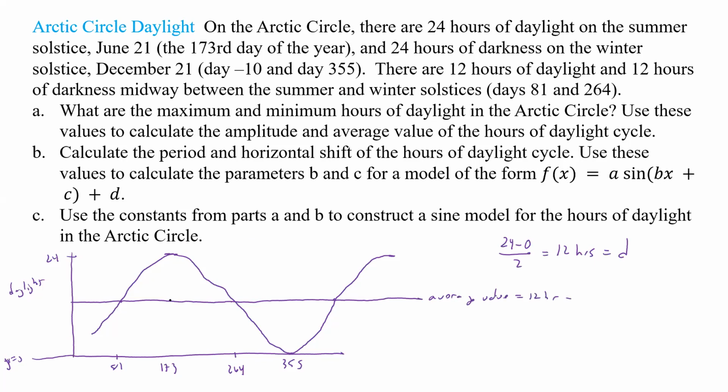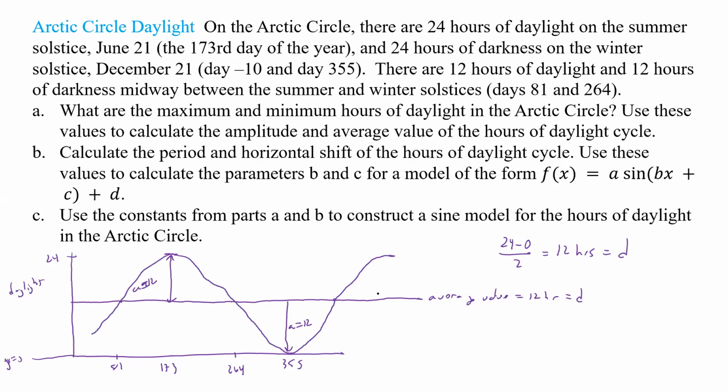But guess what? If we take from here to here, and from here to here, A is going to be 12 hours as well. Because if we take 24 minus 12, we get 12. And if we take 12 minus 0, we get 12 here. Okay, so we know that. And so we know A and D.